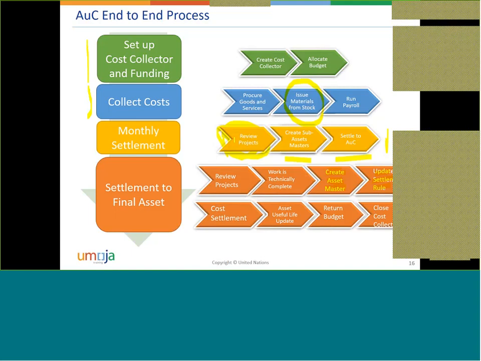So if we spend $100,000 in bricks, and now all these bricks are in a building, all these expenditures, these costs, need to be capitalized. And how do we do that? In the monthly settlement. We review the projects, we see how much we have spent in this project.